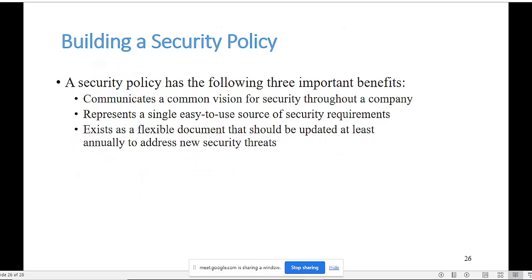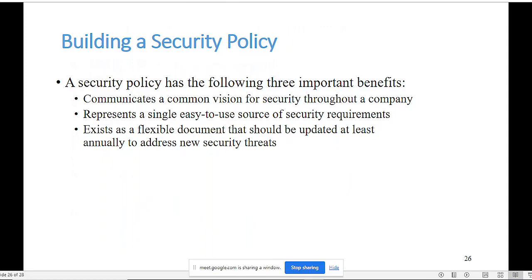Now, building a security policy, we need to identify the various key components of how we can tie down whatever you have just mentioned. So a good security policy first is to understand the benefit, and you've already looked at that.